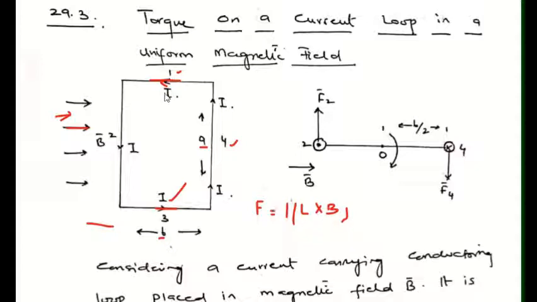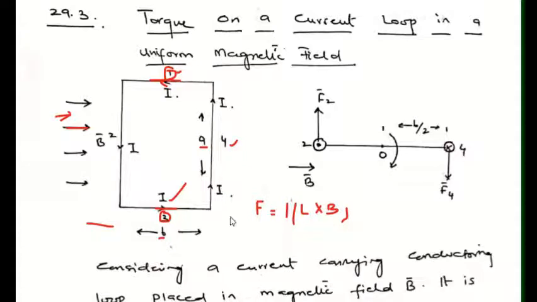So sine of 180 as well as sine of 0 will give us 0. So these two segments, that is segment 1 and 3, will not contribute to the magnetic force, whereas segment 2 and 4 will be contributing to magnetic force.